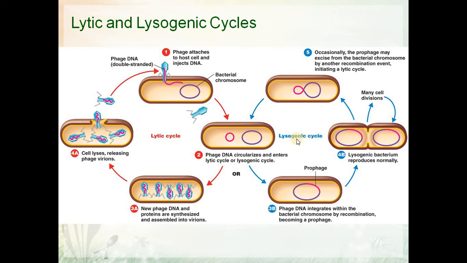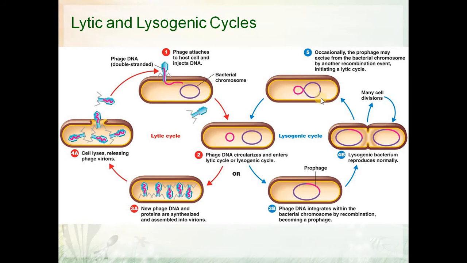There is another cycle called the lysogenic cycle. Now this one is a little bit tricky, because what is going to happen is that the viral DNA will be attached to the bacterial genome, so it's going to merge with the bacterial genome, but it's not going to be expressed.